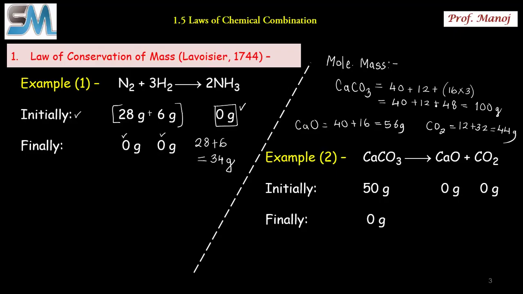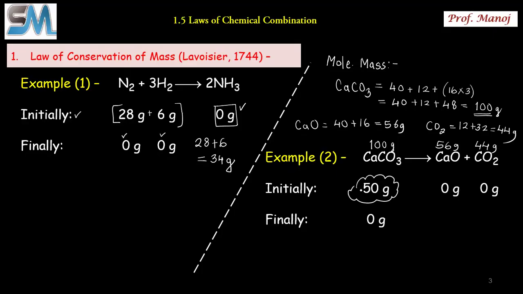The question is why I did all this calculation. Check the number given over here. They have said the initial mass of calcium carbonate is 50 gram. You know the molecular mass is 100. This is taken exactly half of it. So if I would have taken 100 gram of calcium carbonate, the masses of calcium oxide and carbon dioxide would have been 56 and 44.